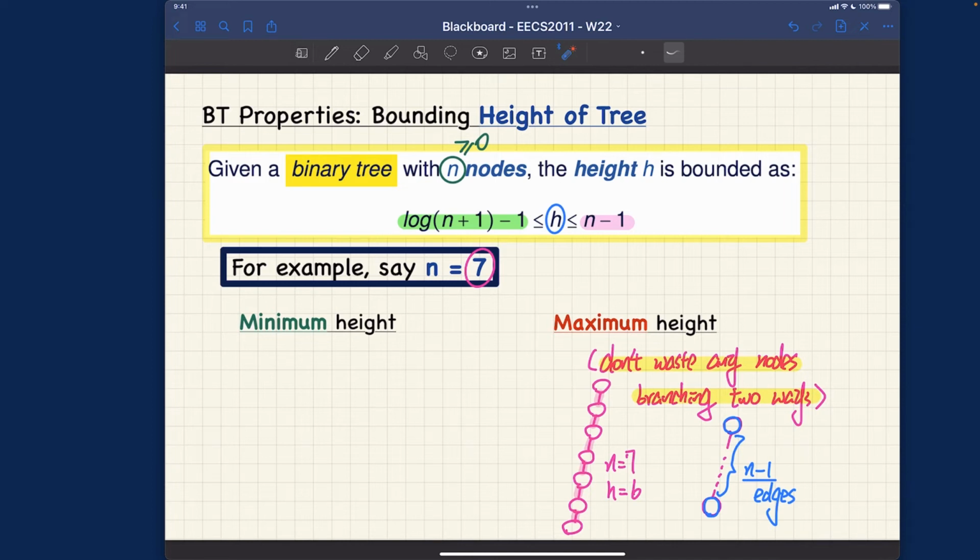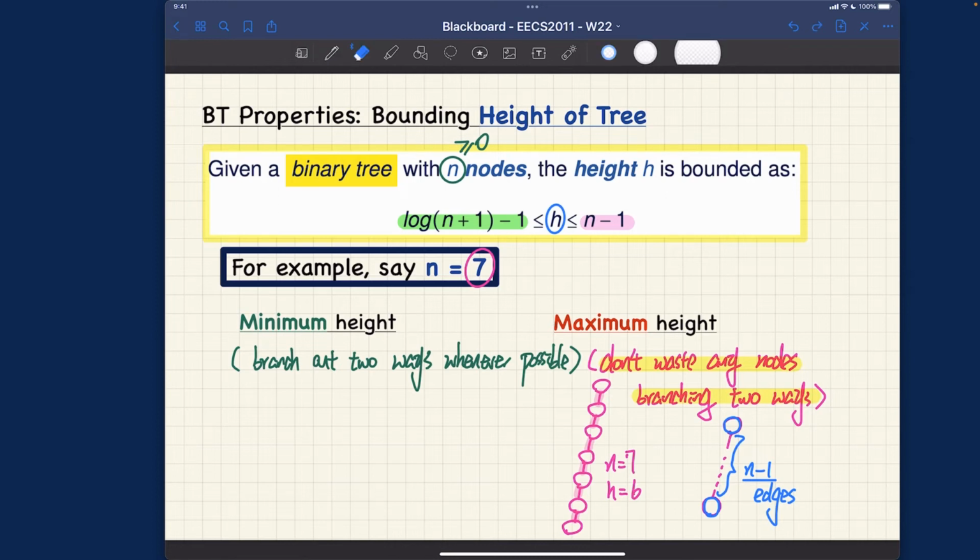You really want to branch out whenever you can, so that you can really minimize the heights. It's really the opposite strategy that we are taking. In that case, branch out 2 ways whenever possible. That'll be the strategy.